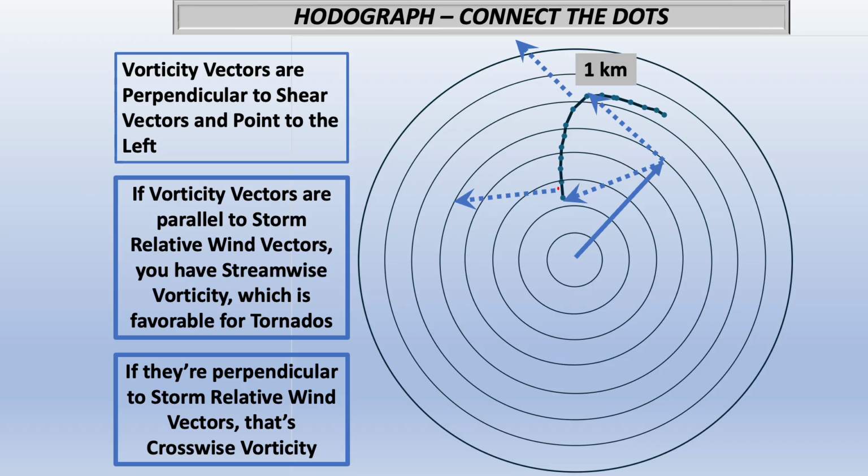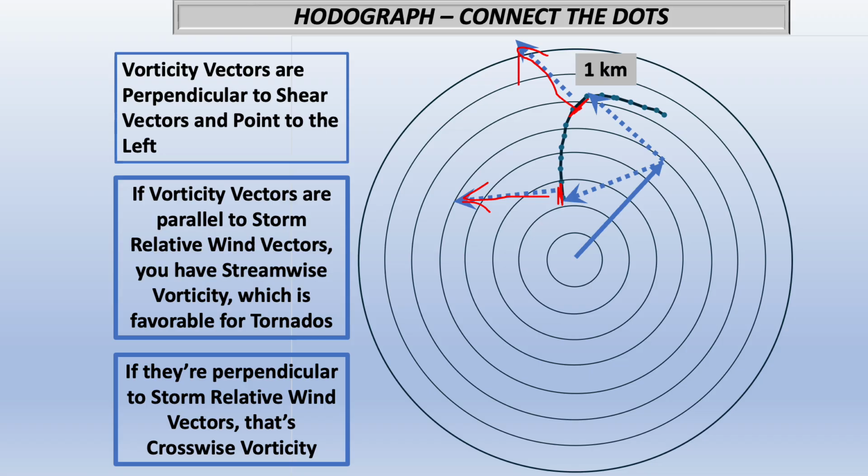This is a shear vector right in here, okay? And the vorticity is going to be perpendicular to that and to the left. And so that's why this arrow goes out like that. Up here, the shear vector is oriented like this, and so the vorticity vector is going to be perpendicular to that, going out in this direction, okay?